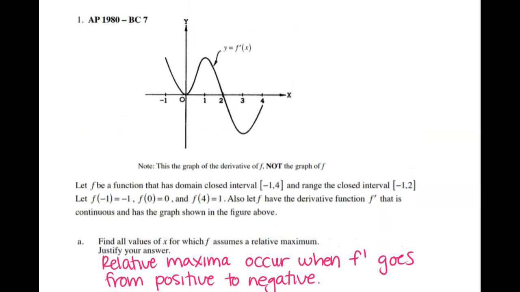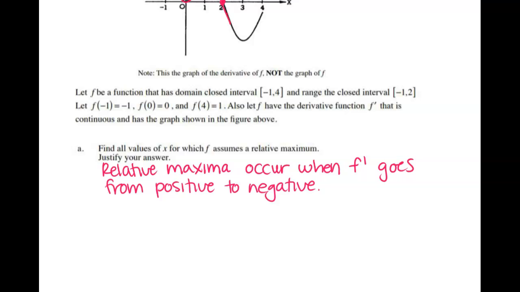So looking at the graph, the derivative is positive all along here, and then goes from positive to negative, crosses the x-axis at 2. So this occurs at x equals 2.